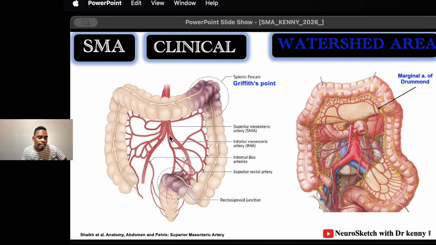But in case you have systemic hypotension, with low blood pressure, the blood is less likely to reach this point because it is receiving the most distal branches of two anastomotic arteries. Also, the blood may come all the way to this region here, but it's less likely to go to this region, and then this region becomes a watershed area.